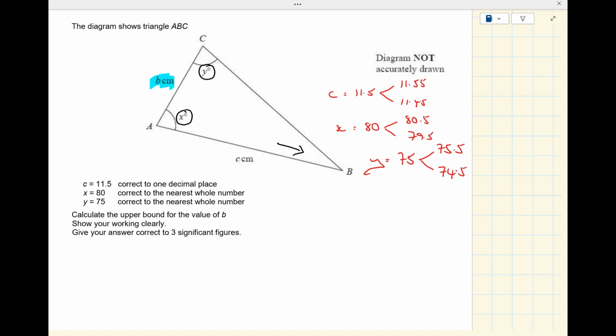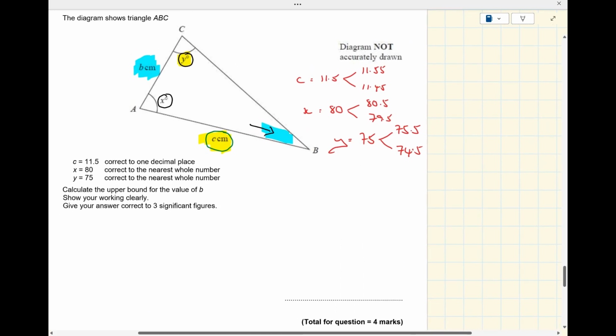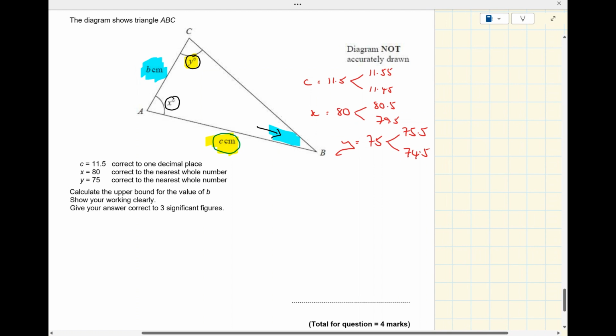And once we've got the angle at B, because we also know C, we can use the sine rule, because we know the angle Y and the opposite side C. Now we're just going to have to be very careful because it's a little complicated. So let's take one thing at a time. Let's work out the angle B.